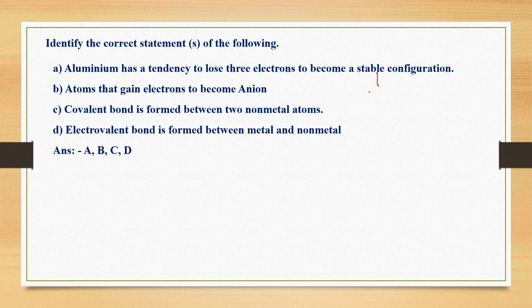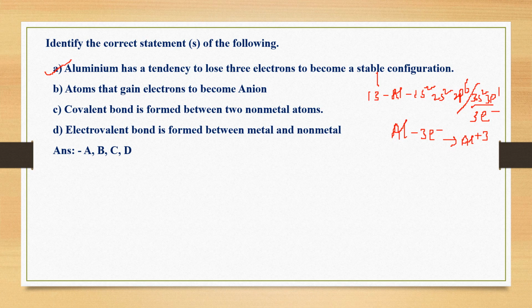Suppose you take aluminum, atomic number 13. Its electronic configuration is 1s2, 2s2, 2p6, 3s2 and 3p1. So the valence shell contains 3 electrons. So to satisfy the octet rule, it is ready to donate 3 electrons. Aluminium minus 3 electrons becomes a stable electronic configuration. That is why Al3+ is more stable when compared to the aluminium atom. So the ion is more stable. Yes, this is the right answer.